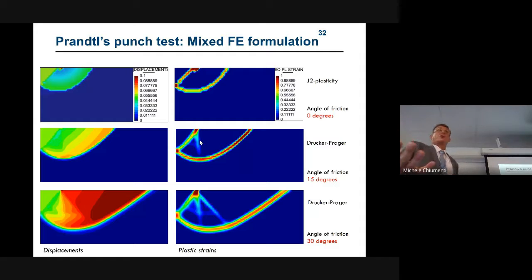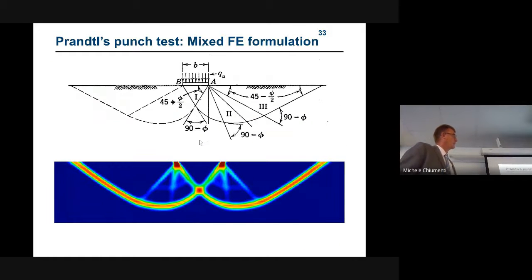If you use a mixed formulation, this is what you are expecting to get. These are very easy examples that you can try at home. So, a 2D example, with different friction angles, very good solution. The expected solution, the numerical solution.